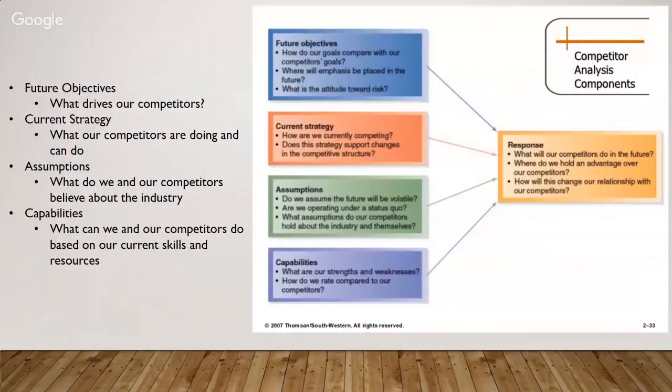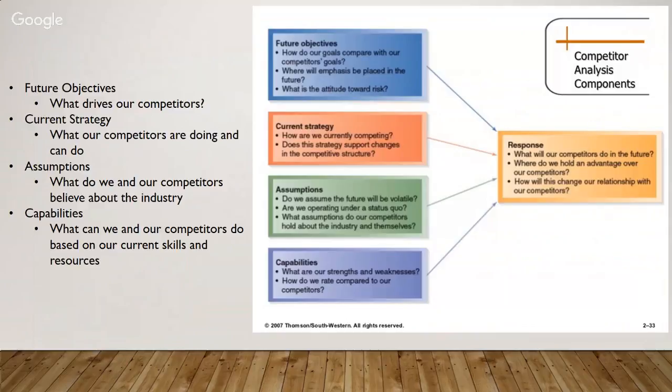As you look at the components of the competitor analysis, we see that we are looking at our competitors' future objectives. These objectives, we ask, what drives our competitors? We move on to the current strategy, and this is where we see how our competitors are doing and what they can do in the market.